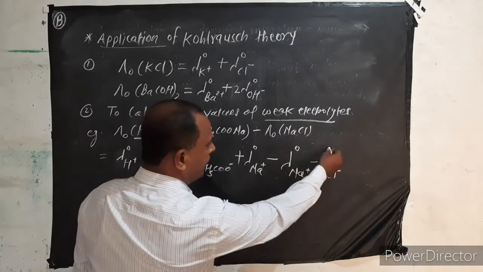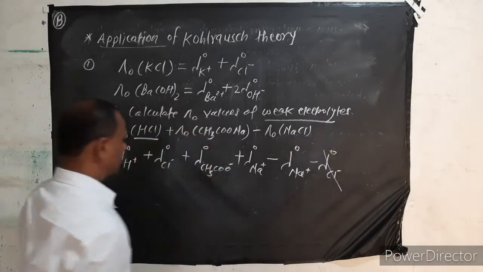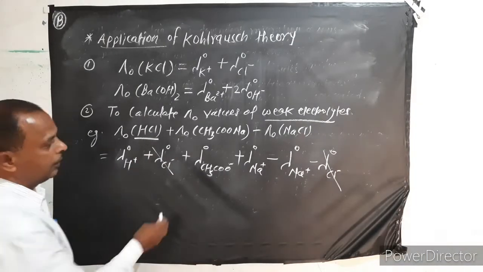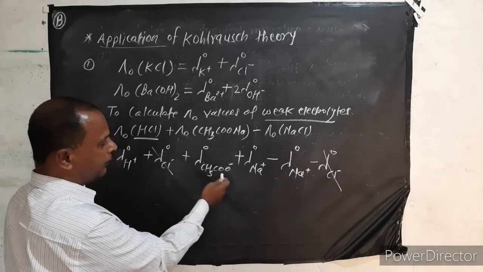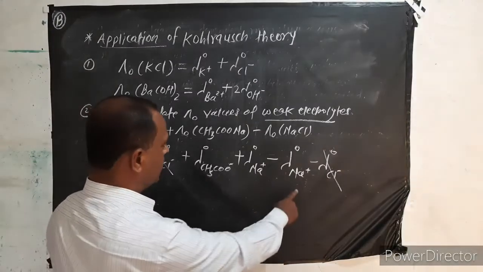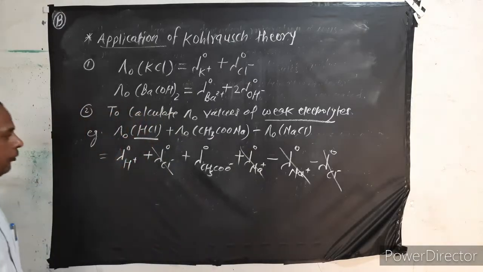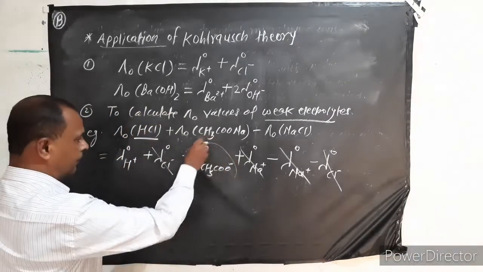The molar conductivity at zero concentration is that of H plus plus that of Cl minus, plus that of CH3COO minus plus that of Na plus, minus that of Na plus minus that of Cl minus. If you observe this equation, the molar conductivity of chloride ion appears once positive and once negative, and Na plus appears once positive and once negative, so they get cancelled. So what is remaining? Only two terms.